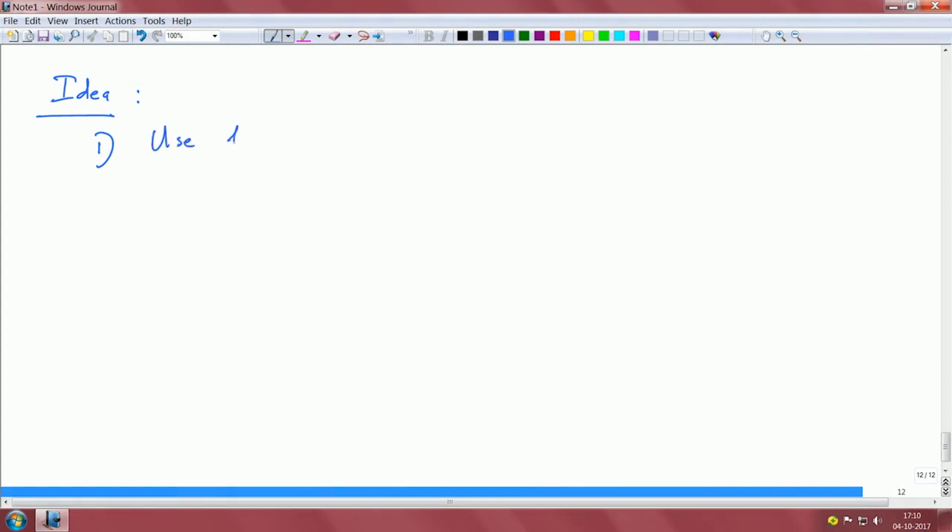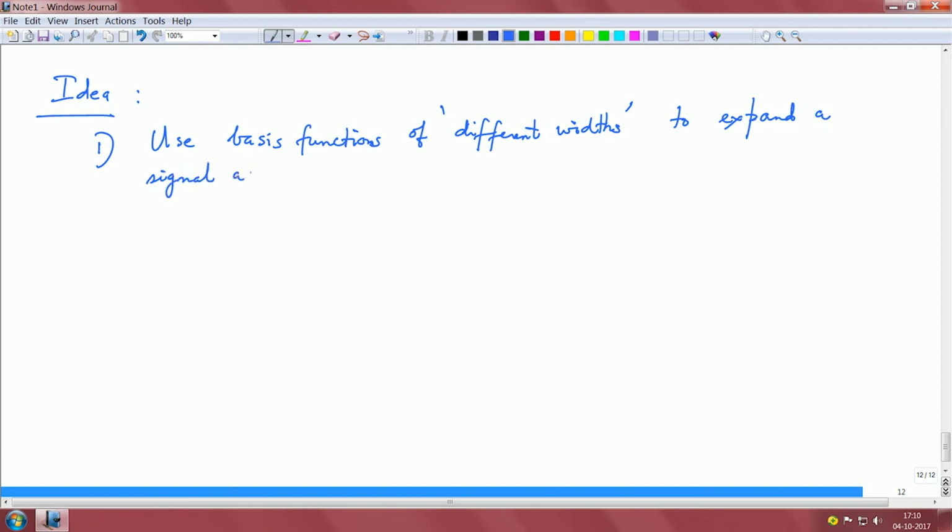So now we use basis functions of different widths to expand a signal across various scales.